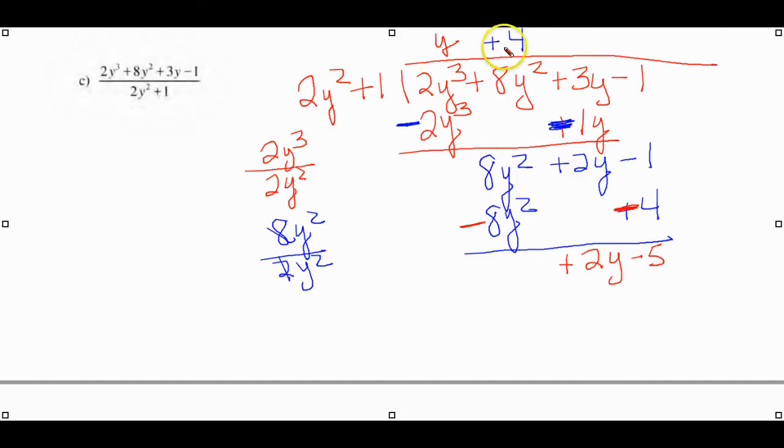So our answer is this, with the remainder, and we just usually write it as 2y minus 5 over 2y squared plus 1.